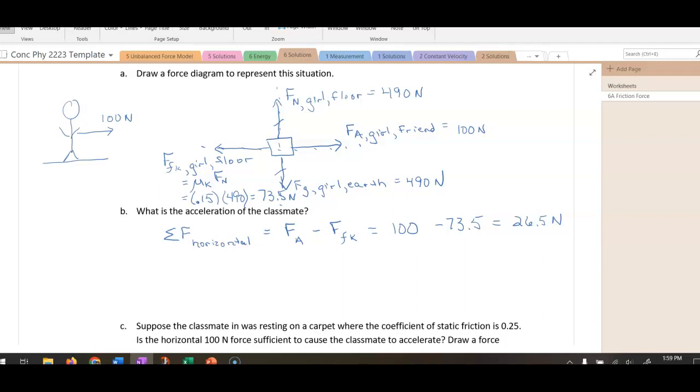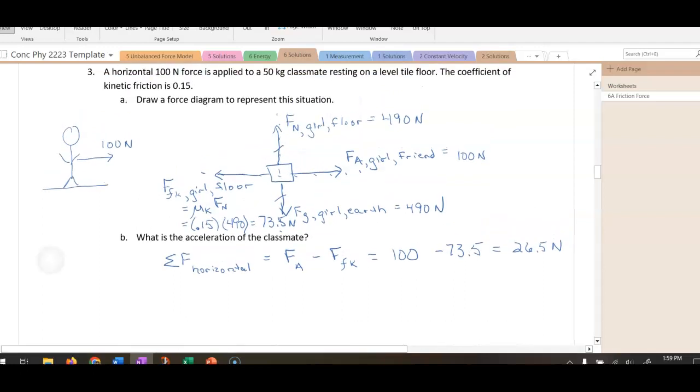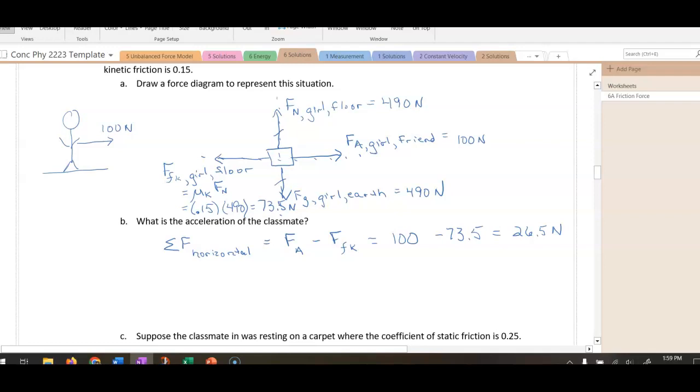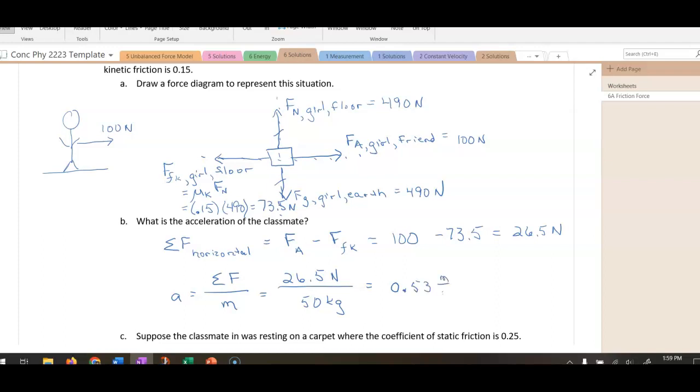So if I know the net force on the student, I can find her acceleration. It would be that net force divided by her mass. And so I've got 26.5 newtons, and her mass is 50 kilograms. And so we get 0.53 meters per second squared as her acceleration.